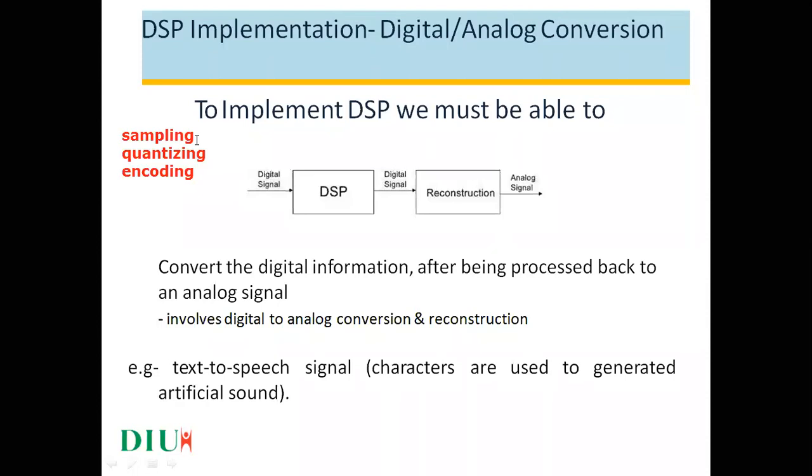If we do that sampling, we get a discretized signal. When we feed this discrete signal to the quantizer, it quantizes the signal, and then it can be encoded in the form of binary numbers. In this way we convert the analog quantity to a digital quantity.